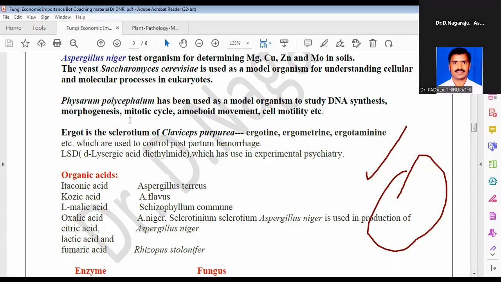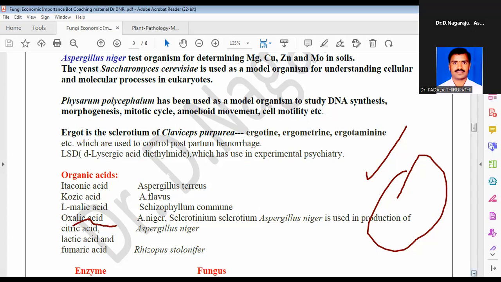Claviceps purpurea is especially useful for LSD, lysergic acid diethylamide, which we use in neurological disorders and psychiatry. Though it is called the disease of ergot, that byproduct is very useful as a medicine.